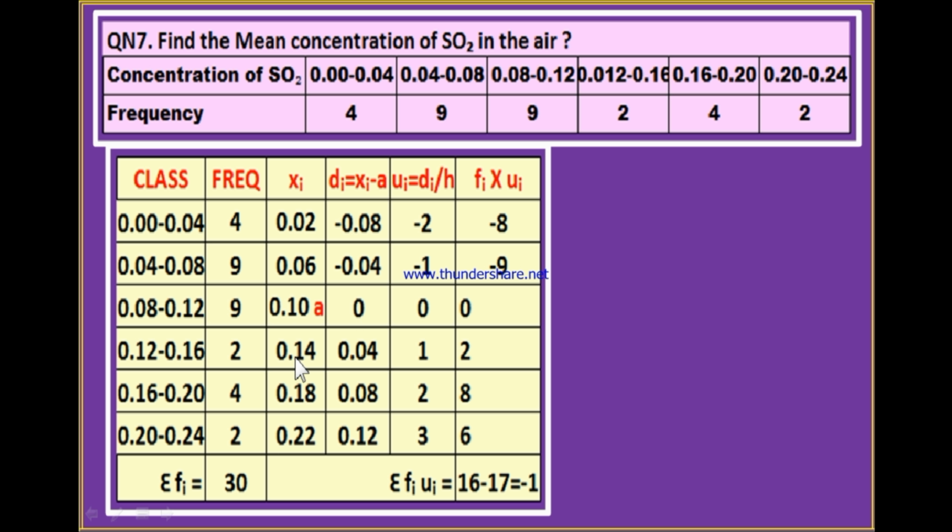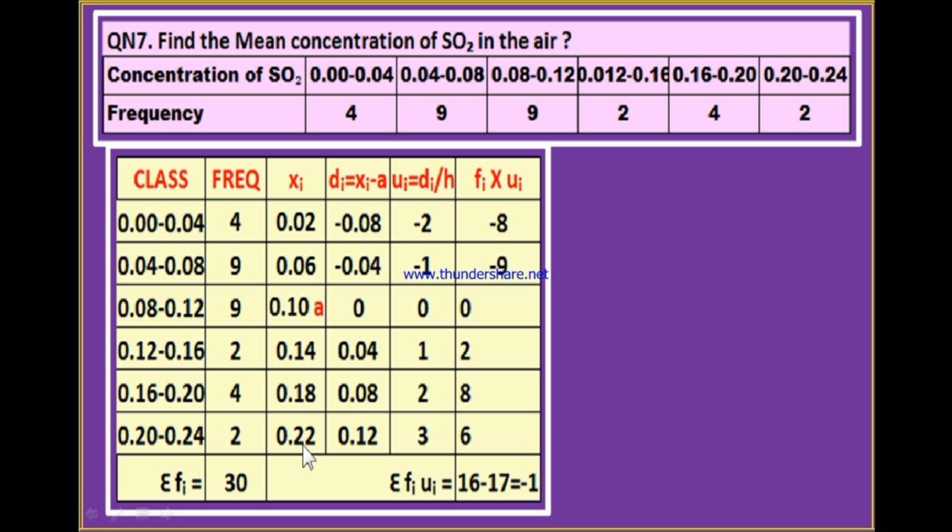For the next class, the mid value xi is 0.14 and A is 0.10. If you subtract 0.10 from 0.14, you get 0.04. Similarly, for this class, 0.18 minus 0.10 is 0.08.